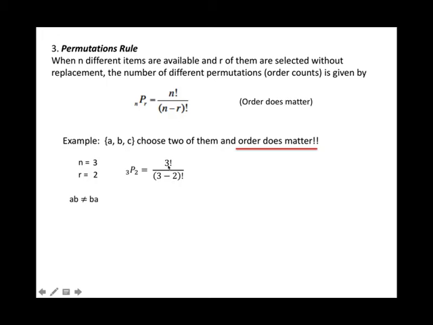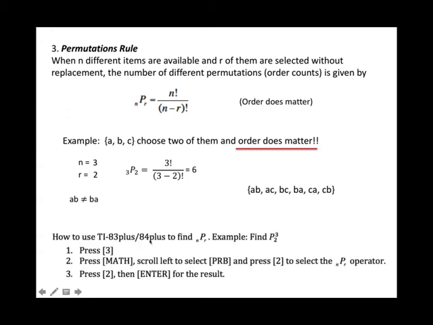So this is gonna be 3 factorial divided by 1 factorial, which is equal to 6. So we have these 6 different ways to arrange ABC when you pick 2 of them. One more time, order doesn't matter means AB does not equal BA, or AC does not equal CA here.